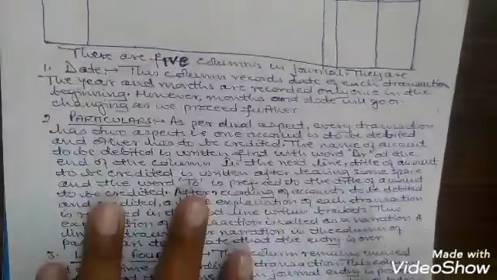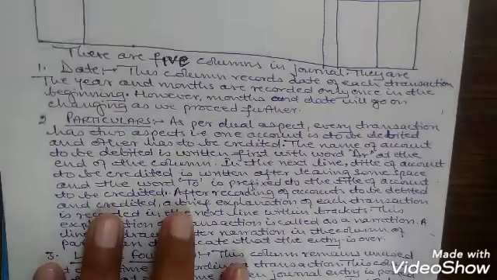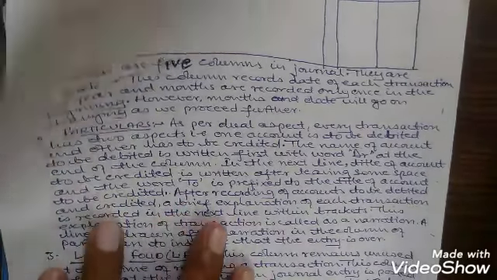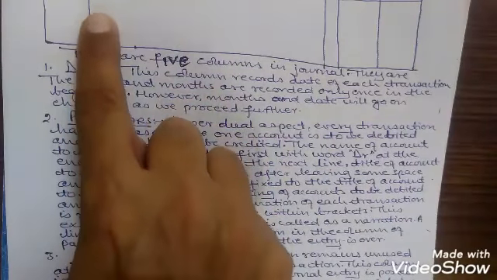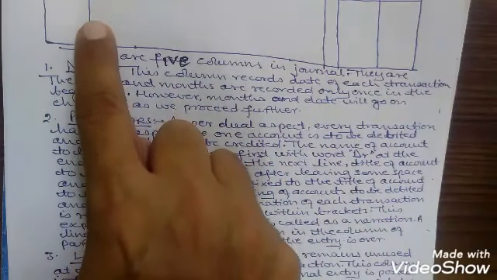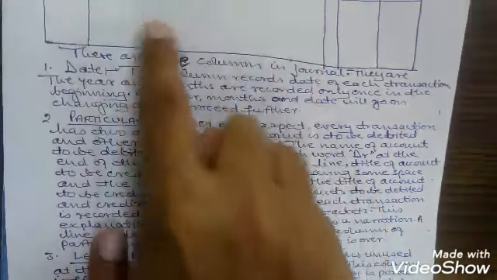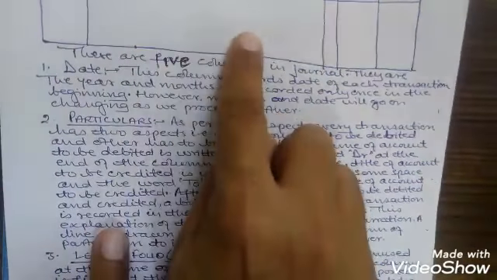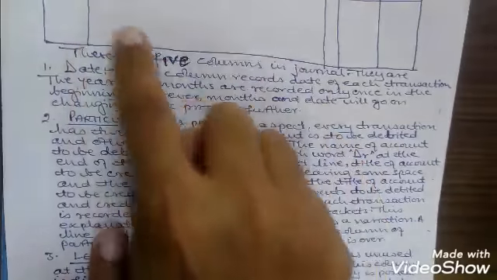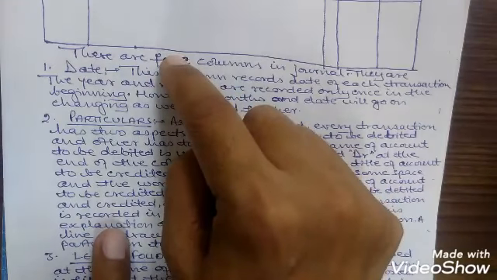Then after recording of accounts to be debited and credited, a brief explanation of each transaction is recorded in the next line. From the third line, you will start a bracket and write the narration, the explanation of this entry, being the business started with cash rupees so and so, and you will close the bracket after the narration is over.